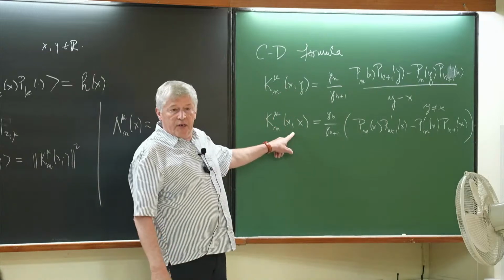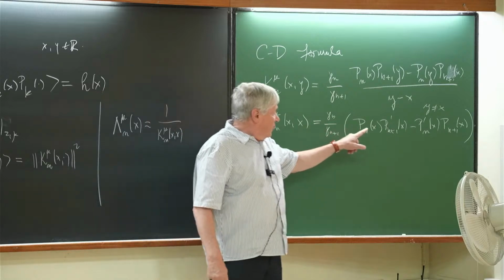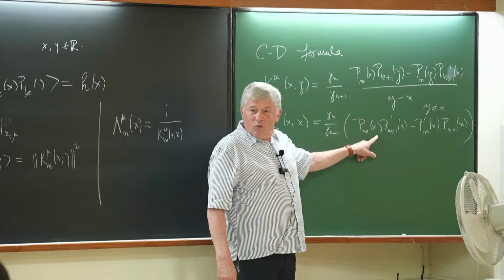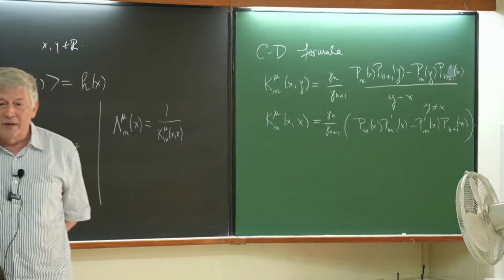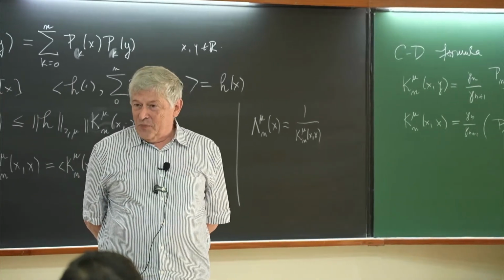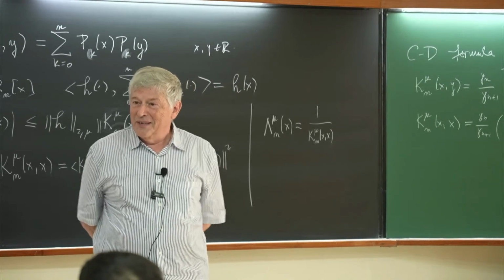This quantity is non-negative. Therefore, for every x, this is non-negative. Well, deduce from here that the zeros of P_n are simple, and the consecutive P_{n+1} has interlaced zeros with P_n, and so on.